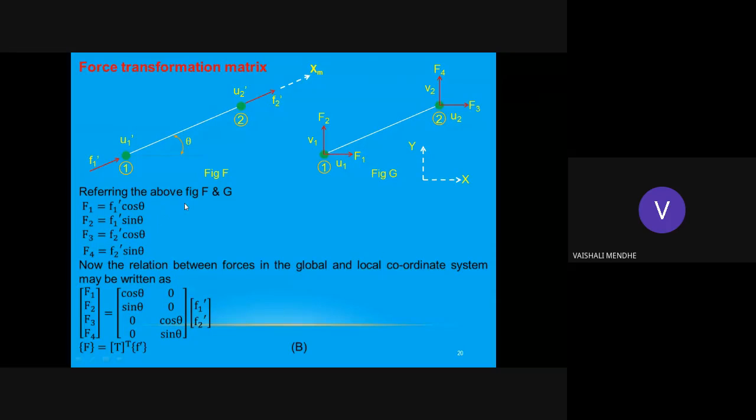So referring to the above figures F and G, now we have to write down this global force in the local direction in terms of the direction cosine. So if you write down this F1, this is F1 dash, what will be the component of this F1 dash along the x direction?